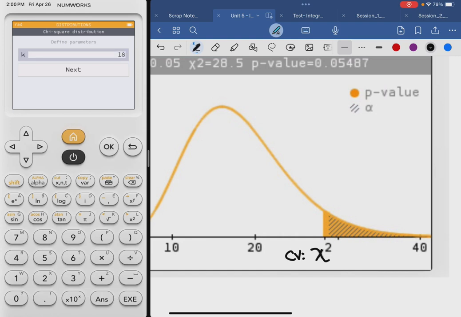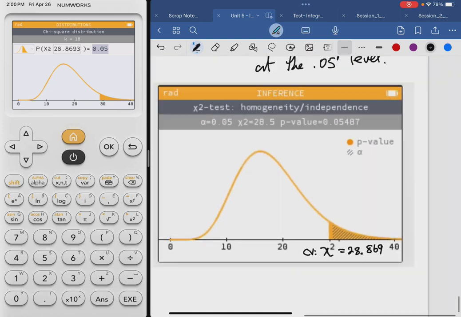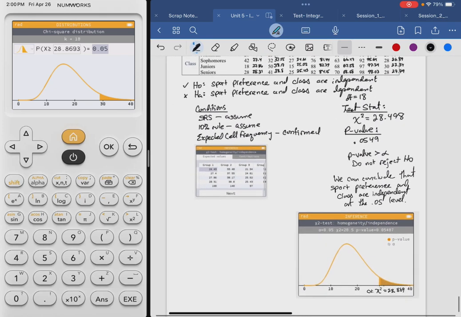Oops, I hit the back button a couple times accidentally. 0.05, but I want it on the right tail. So 0.05, hit OK, and we get that cutoff of 28.869. And so there we have it.